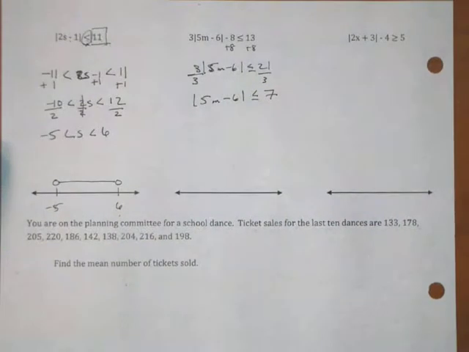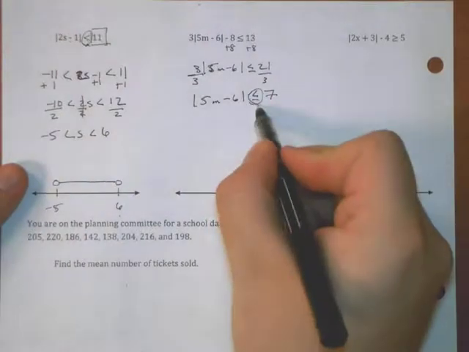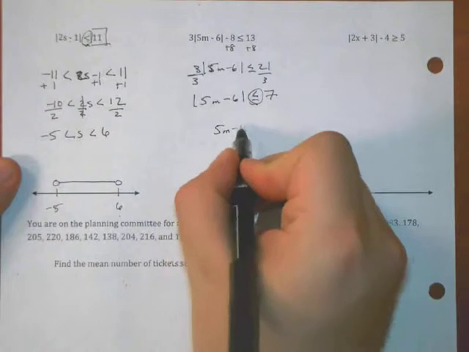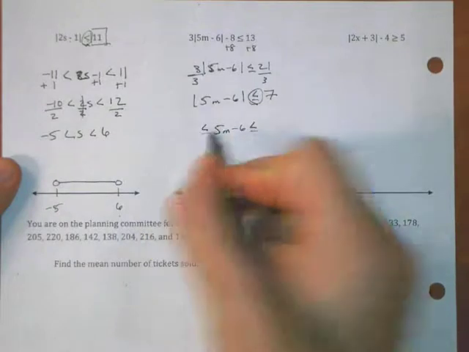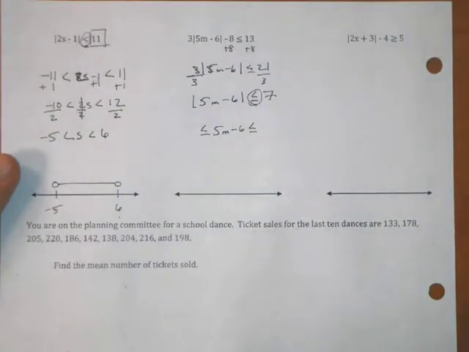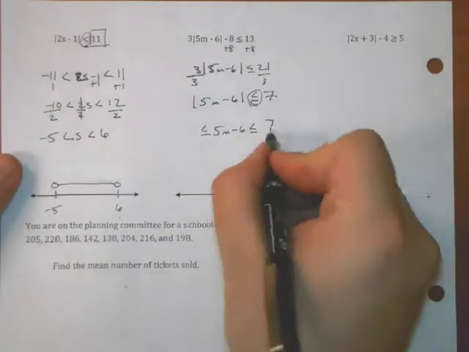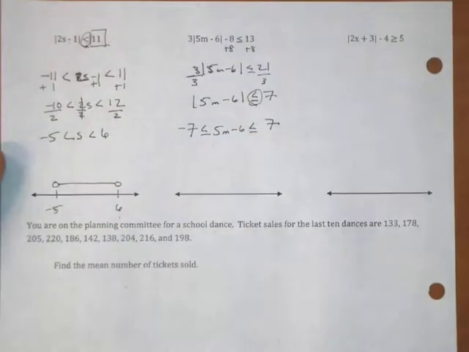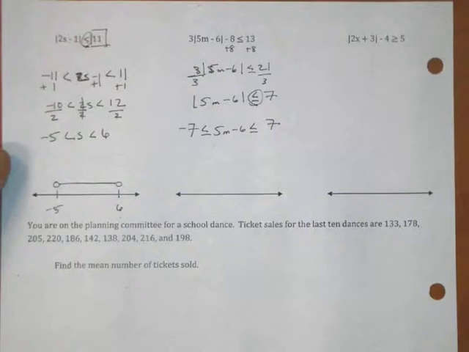Okay, is this going to be a between or an or? Between. So what's inside is between what 2 numbers? What is 5m minus 6 between? 7 and negative 7. Okay. So we can solve this.